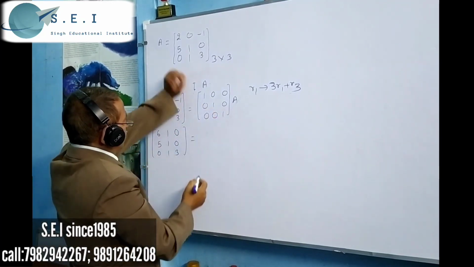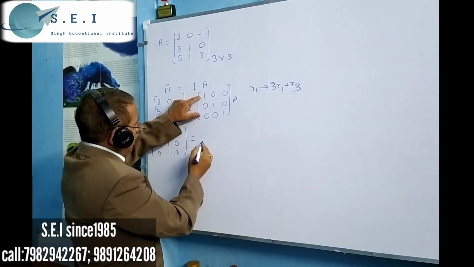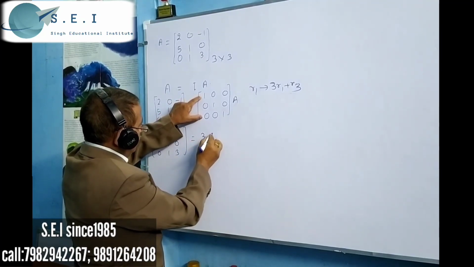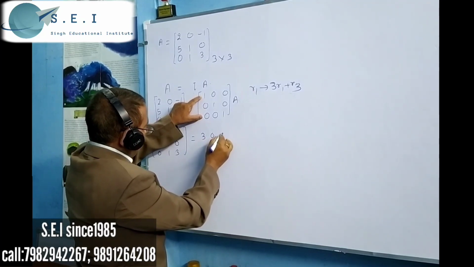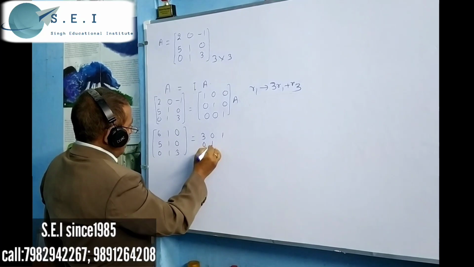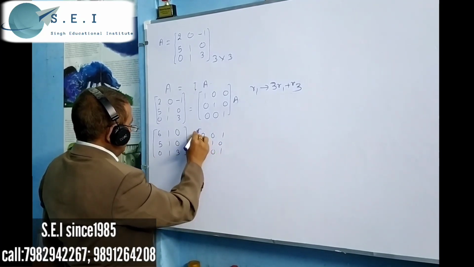On the right side, 3 multiplied by first row R1 and R3 is added, so here it is 3, 0, 1, then 0, 1, 0, 0, 0, 1, A.